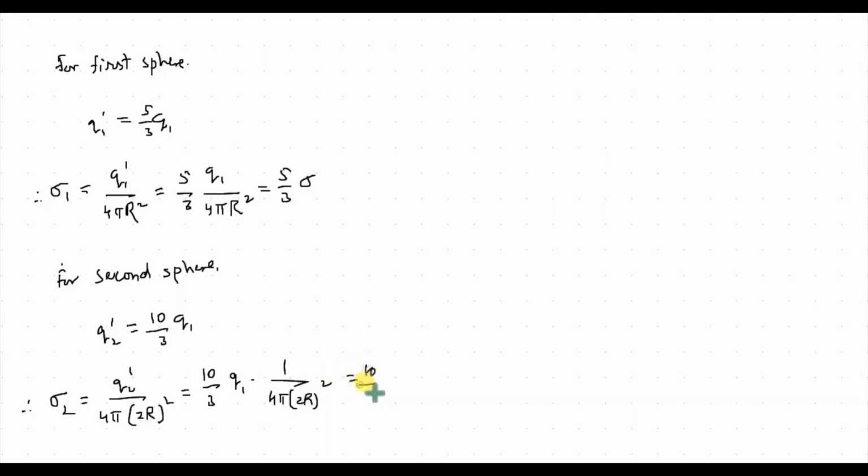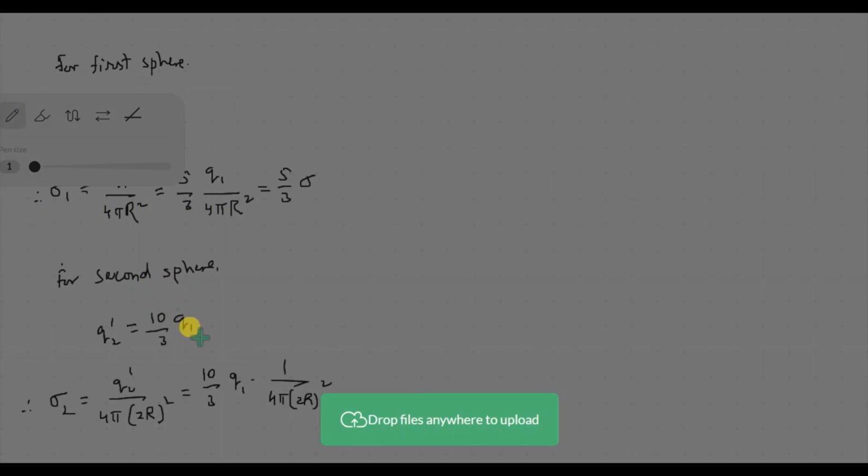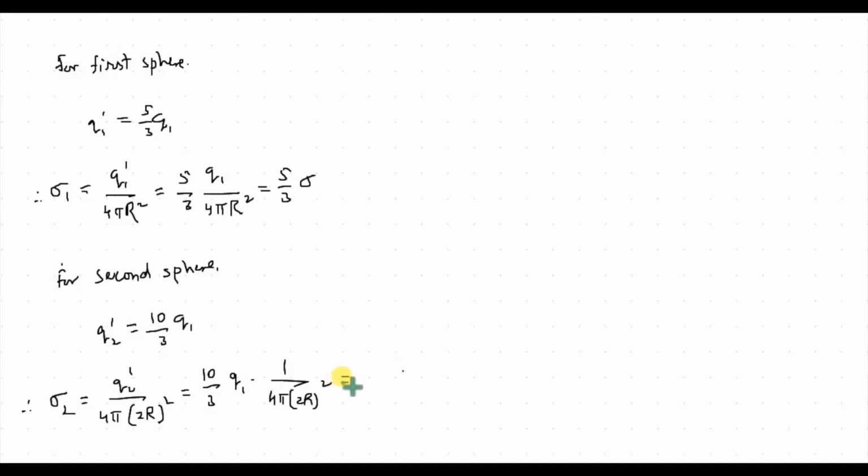So it is 10 by 12, then q1 upon 4 pi r square, and q1 upon 4 pi r square is sigma.